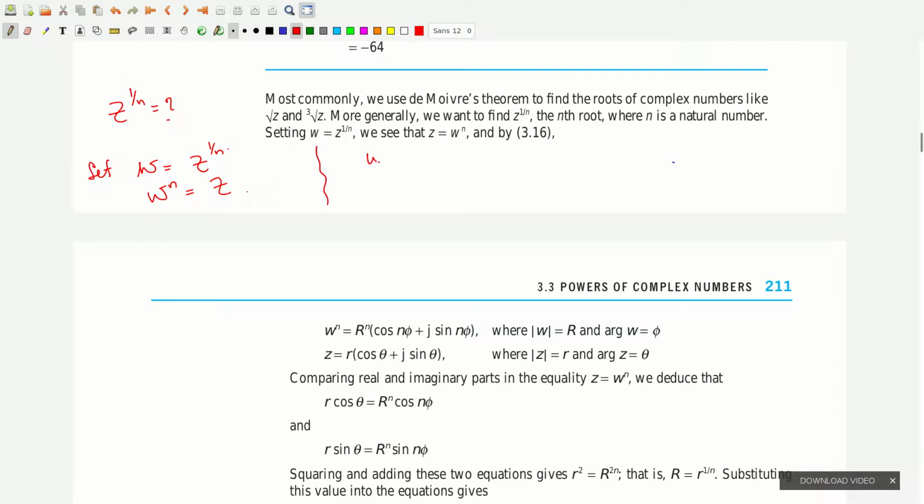So w is our complex number with a modulus capital R, cos phi plus j sine phi, and z has just the modulus lowercase r, cos theta plus j sine theta.